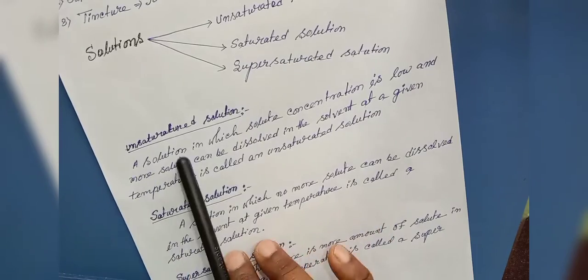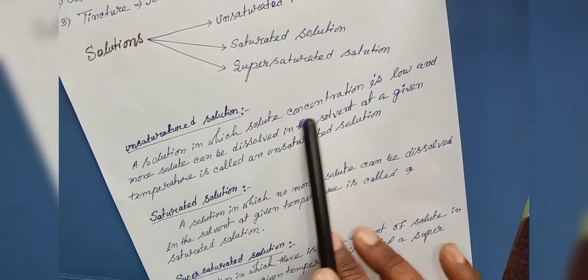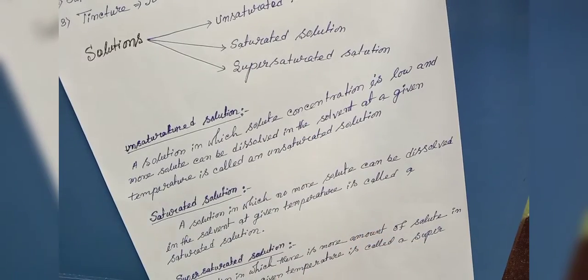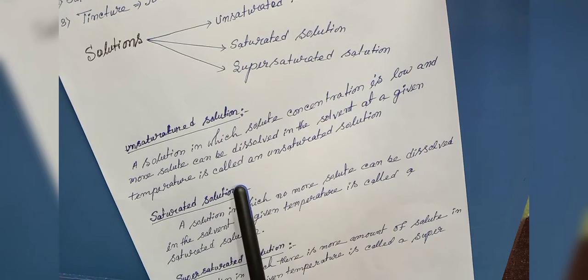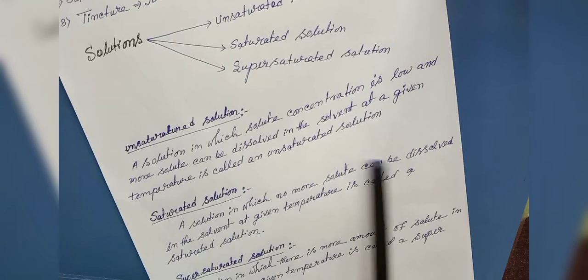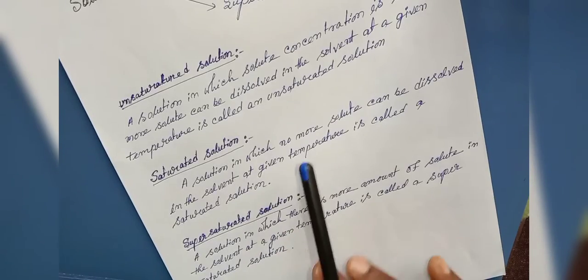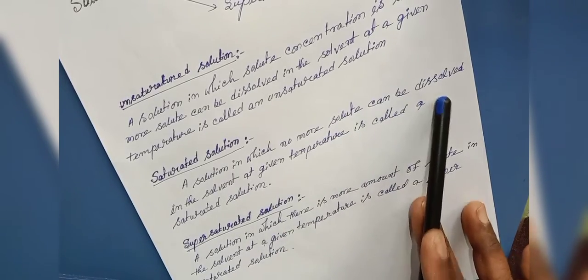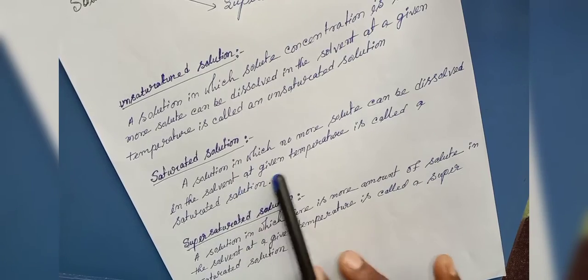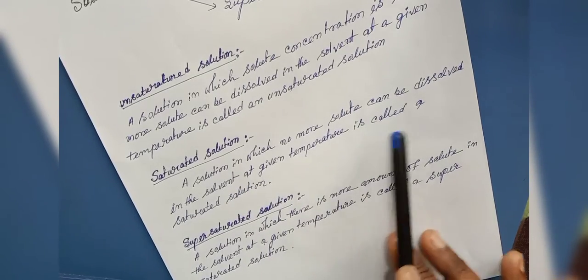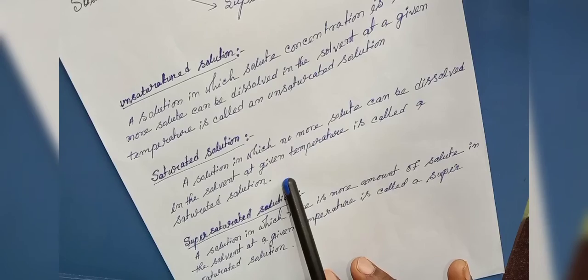A solution in which the solute concentration is low and more solute can be dissolved in the solvent at a given temperature is called an unsaturated solution. Saturated solution: a solution in which no more solute can be dissolved in the solvent at a given temperature is called a saturated solution.